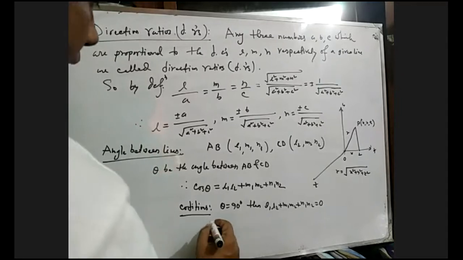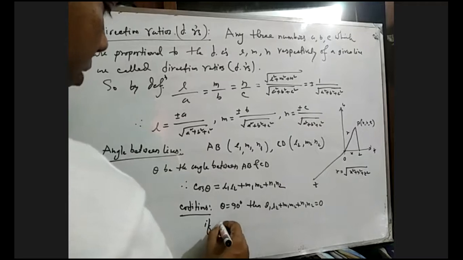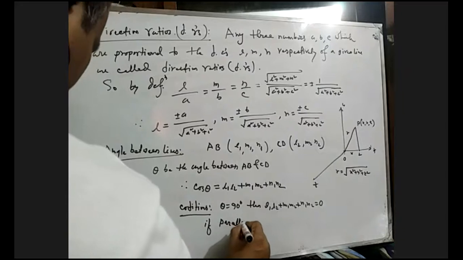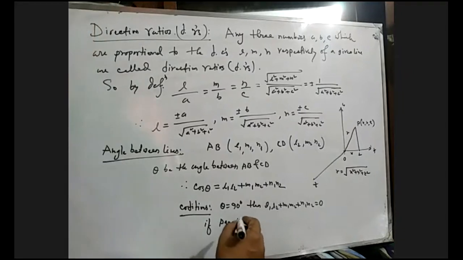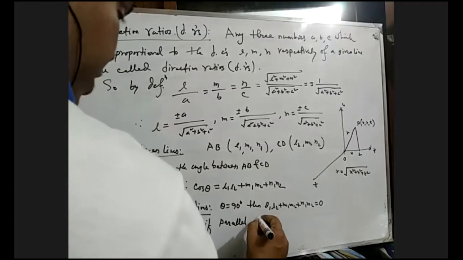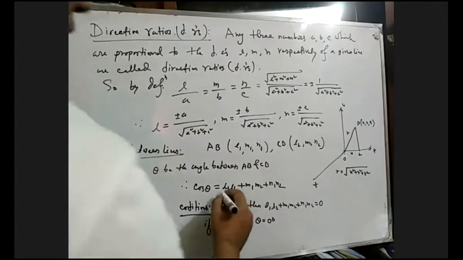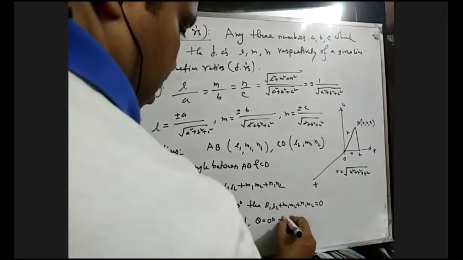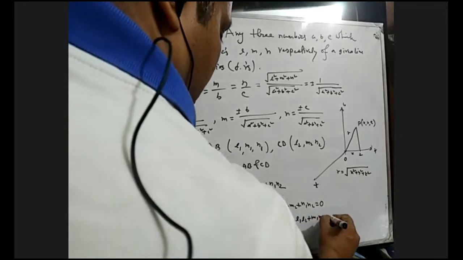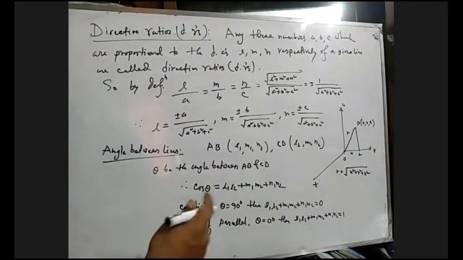For parallel lines, theta equals 0 degrees, then L1 L2 plus M1 M2 plus N1 N2 equals 1 for the parallel condition.